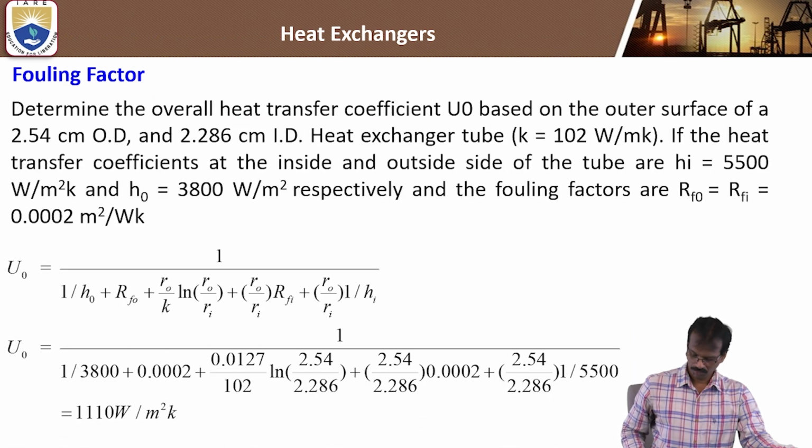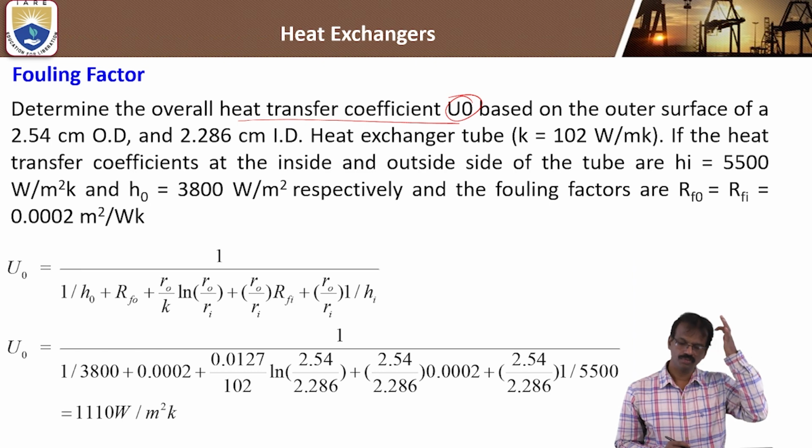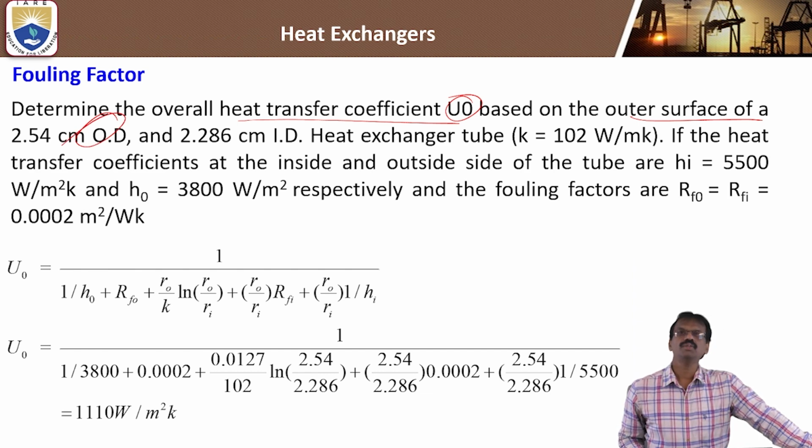One more numerical you can see here. Determine the overall heat transfer coefficient U naught. You have to find the overall heat transfer coefficient based on the outer surface. The outer diameter is also given, 2.254 centimeter. Inner diameter is equal to 2.286 centimeter.